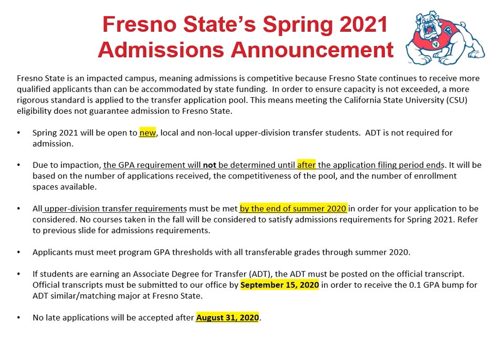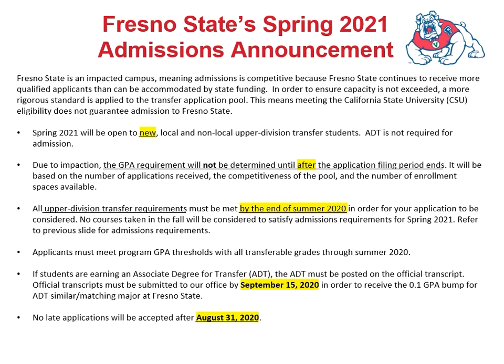So this means courses taken fall 2020 will not be considered to satisfy those minimum requirements. So those 60 overall units, the Golden 4, the GPA, all of that. So please refer to the previous slide for those admissions requirements, because these do have to be completed by the end of summer.